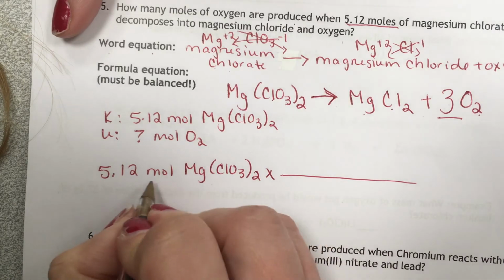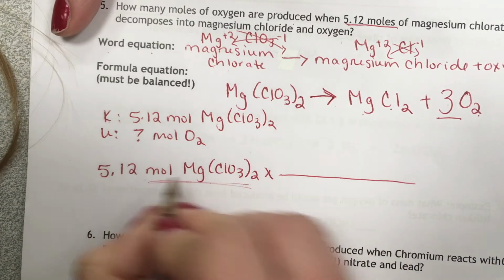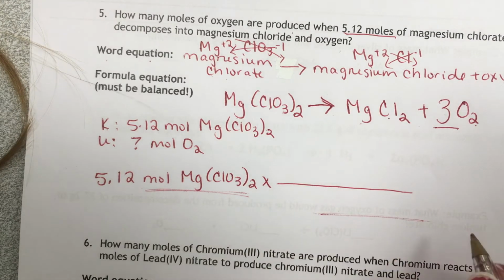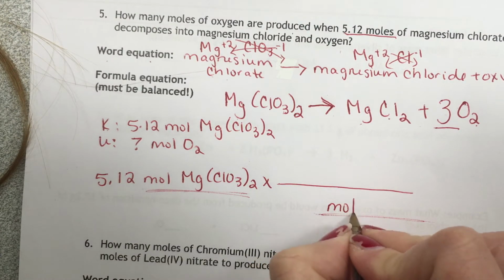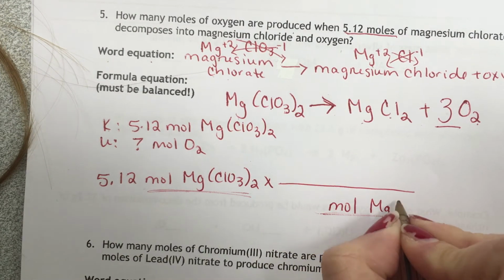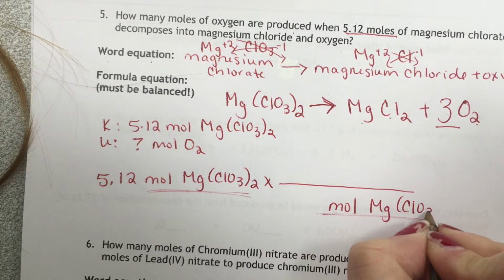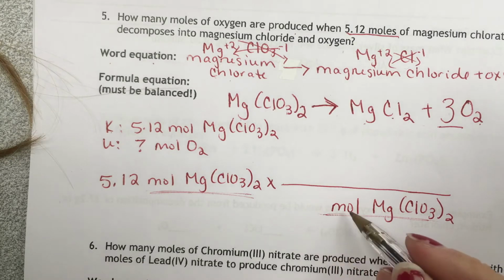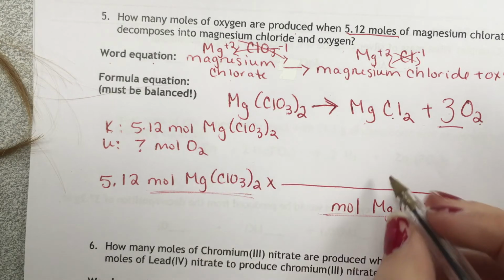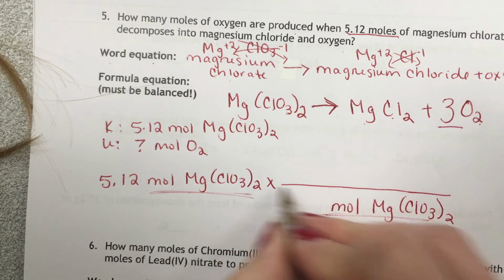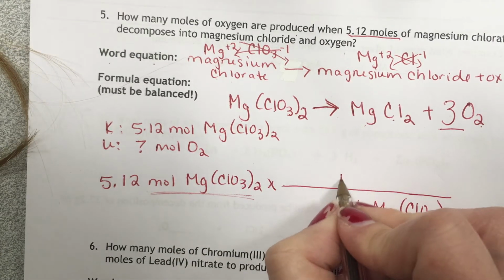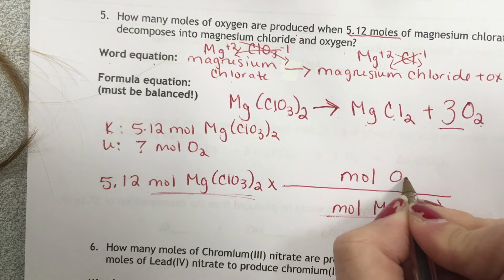Whatever's up here must go here, okay? So moles of Mg(ClO3)2. Whatever our unknown is needs to go up here. We are already at moles, and we're going to end in moles, so we're going to do our moles of oxygen.